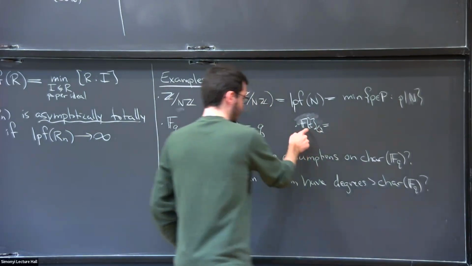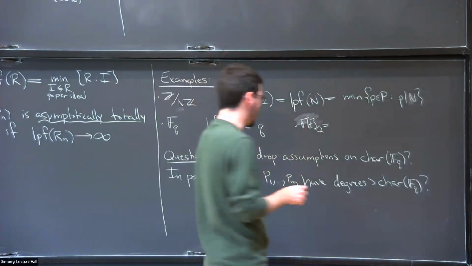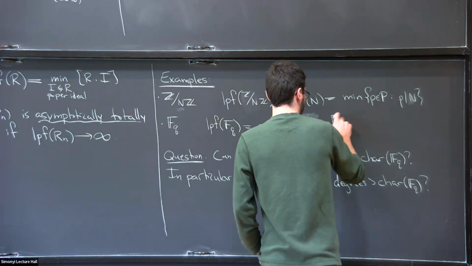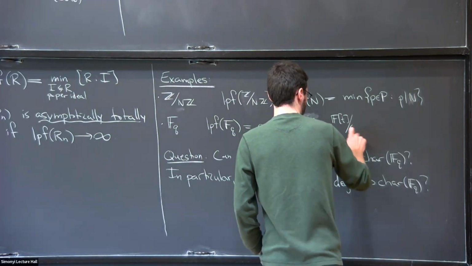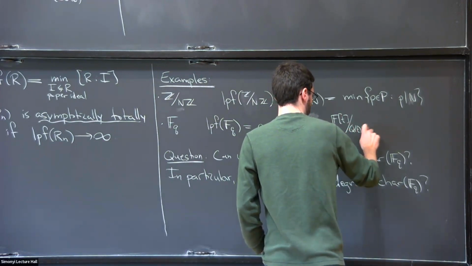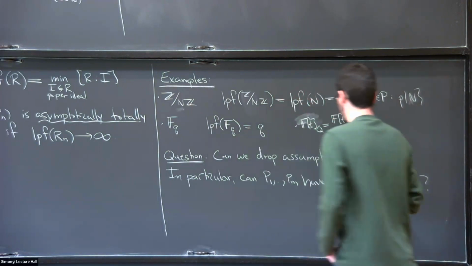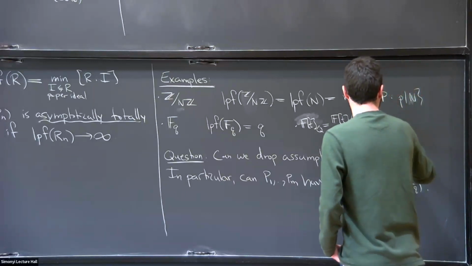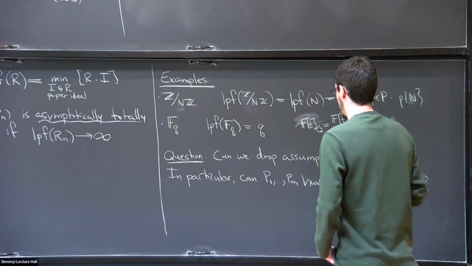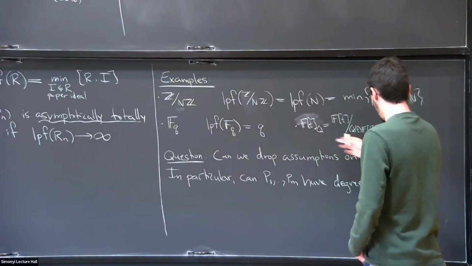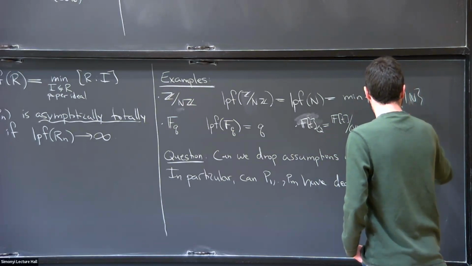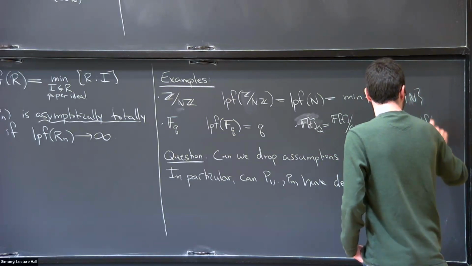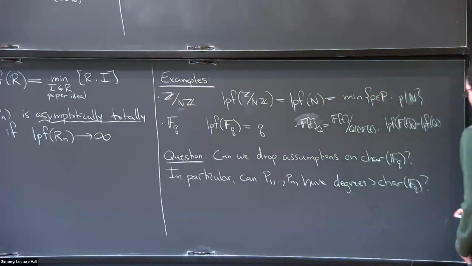I want to look at quotients now of this polynomial ring. So I'll just do F_t mod q to mean this quotient ring. And here, the size of the smallest periodic factor is going to be the least prime factor of q.